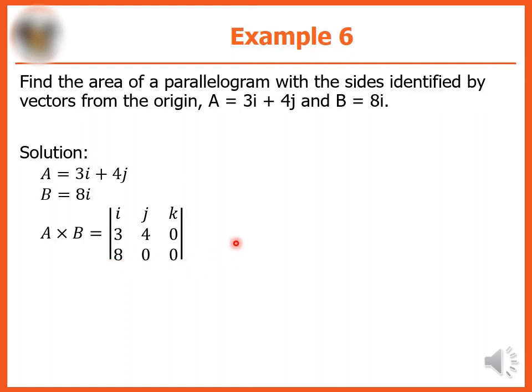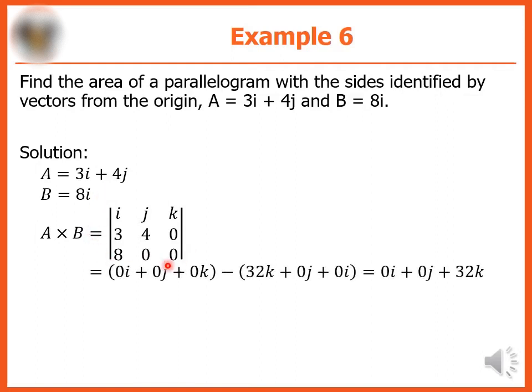Then we solve the determinant of this matrix. So we have 0i + 0j + 0k - 32k + 0j + 0i, that's equal to 0i + 0j + 32k. Therefore, the cross product of A and B is equal to 32k.